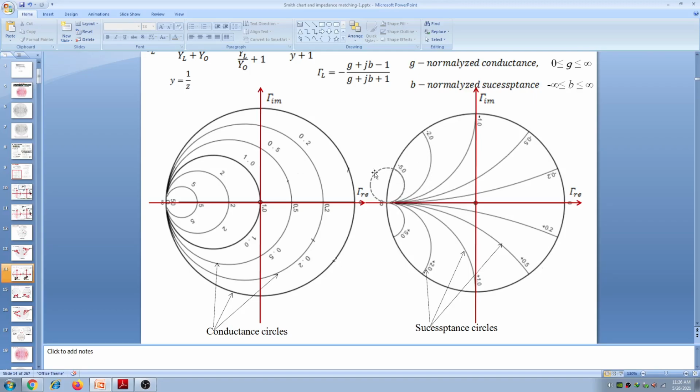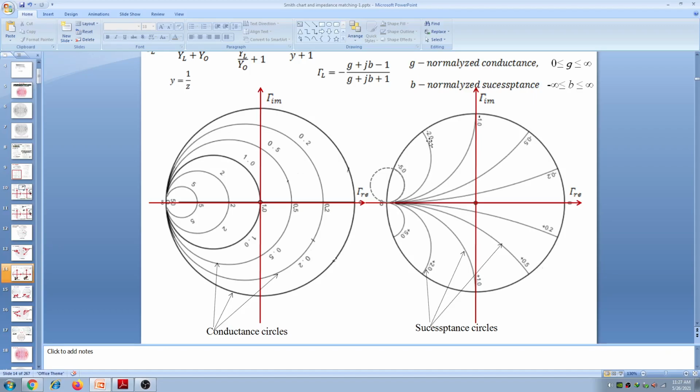As I said, we are not taking the outside part, only up to the G equal to 0 circle. What is the value of this susceptance circle? Minus 2. So above are negative susceptance circles.